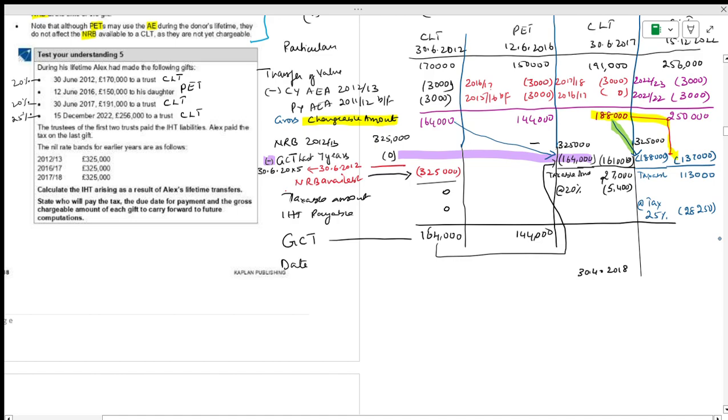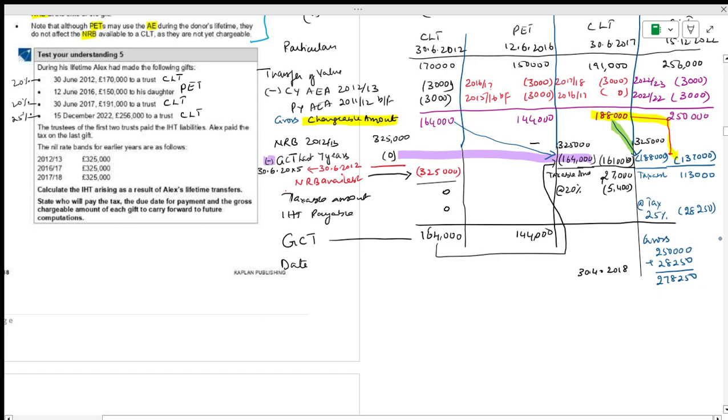Now, what is the gross here? Gross here is how much? 250 plus 28,250, 278,250. Is it okay? See, gross chargeable transfer is how much?